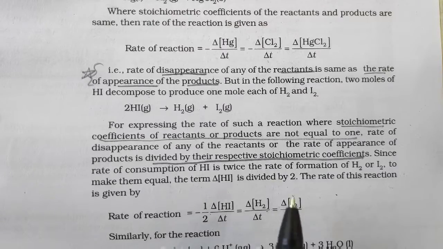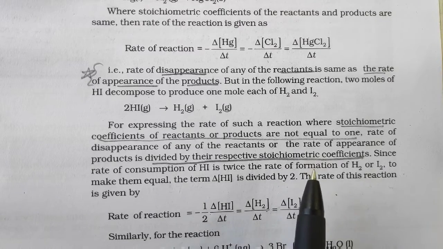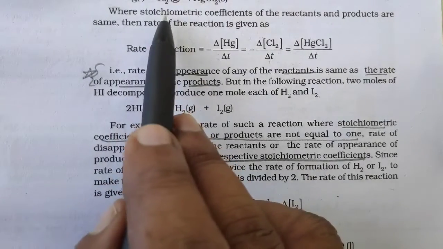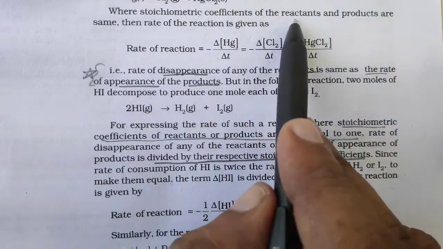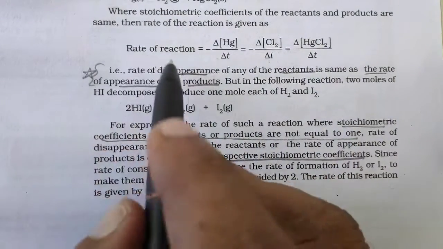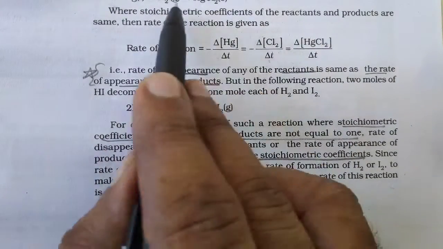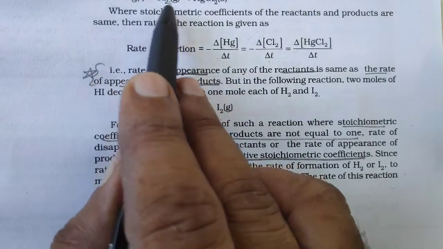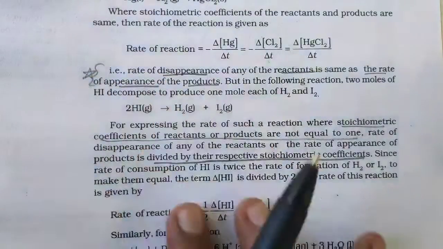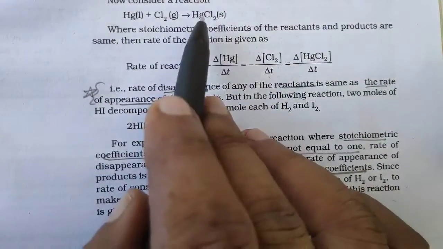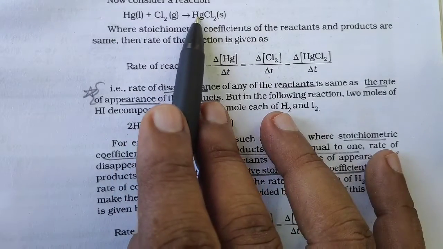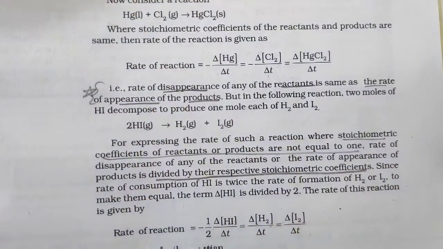Now this is given on page number 99 of your textbook, that is for a given reaction where the stoichiometric coefficients of the reactants are the same, the rate of reaction is given as follows. Here we have Hg plus Cl2 gives HgCl2. You can see here, right? Now if you want to write the rate of this reaction, how to write it?